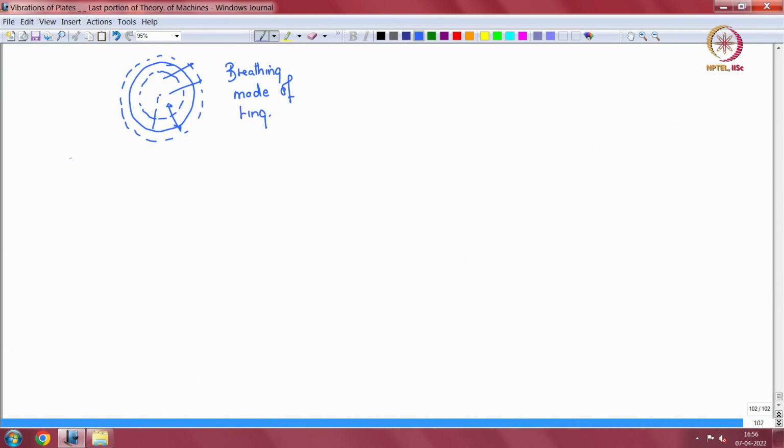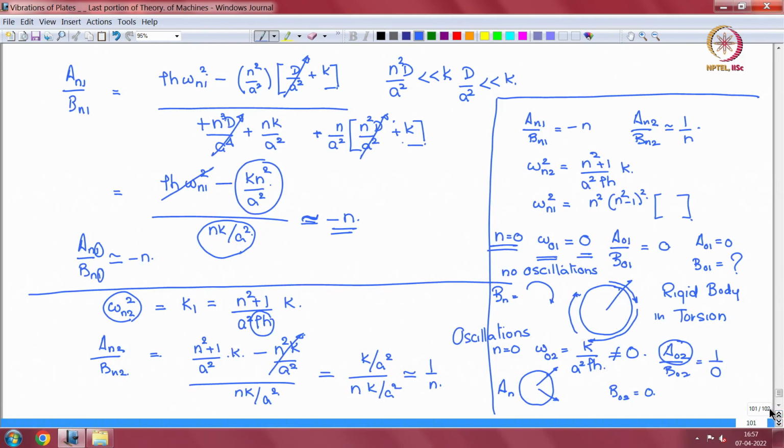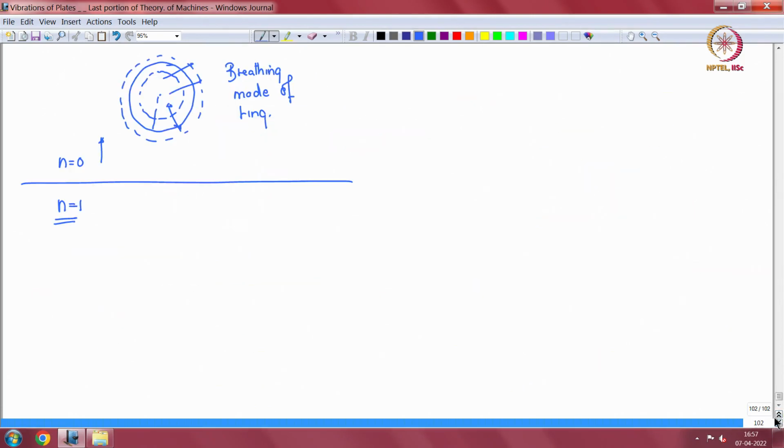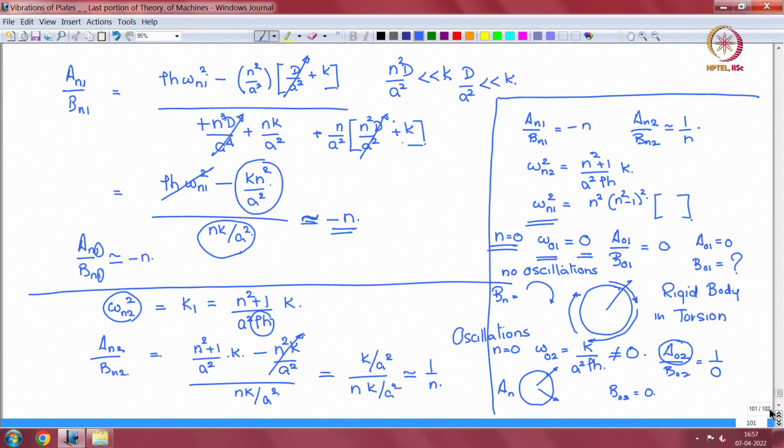Now, we have looked at n equal to 0 above. Now, let us look at n equal to 1. So, when n equal to 1, omega 1 is 0 again. And what is a n1 by b n1?